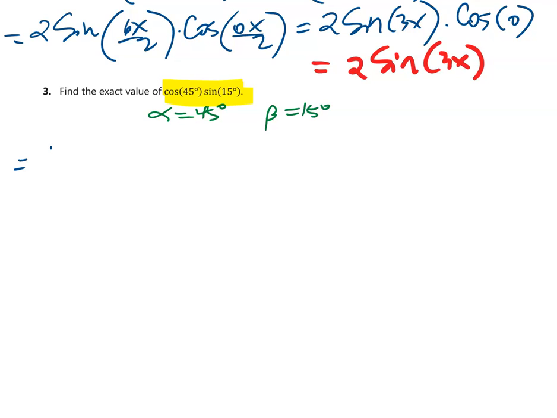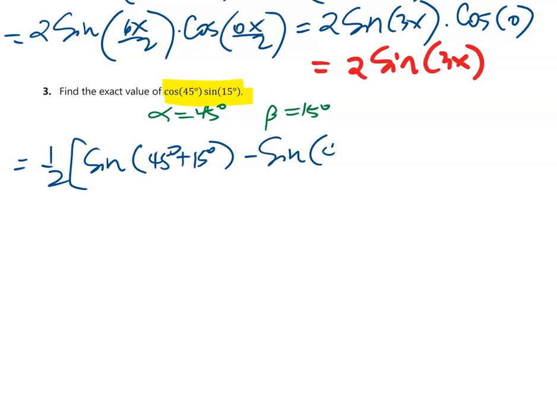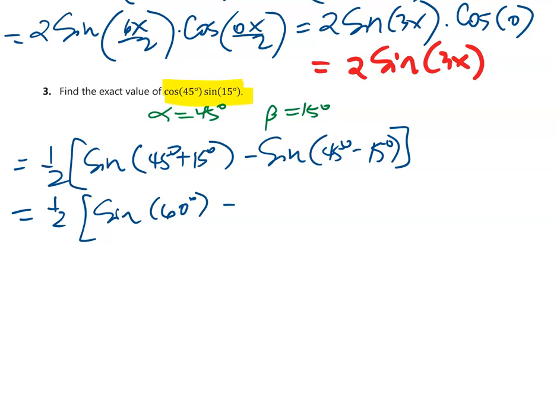So it's going to be 1/2 of sine alpha plus beta minus sine alpha minus beta. So let's simplify this. Sine 45 plus 15, that is sine of 60 degrees. 45 minus 15 is sine of 30 degrees.